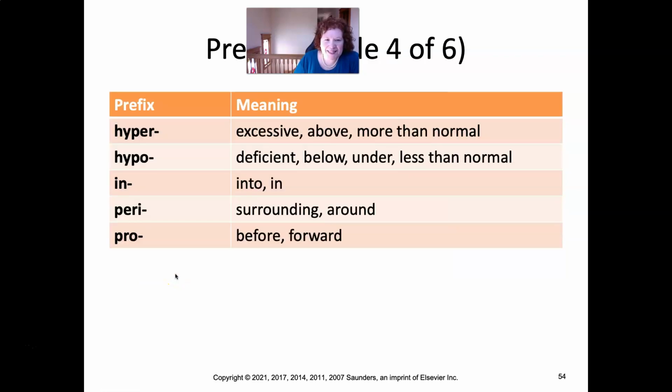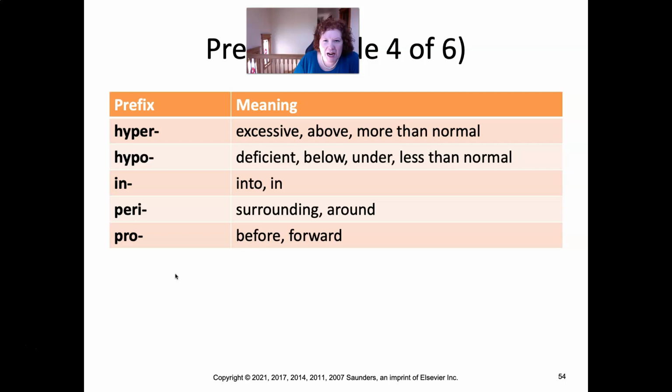Some more prefixes, hypo and hyper. All right, now this is one that is very important, how you speak it. You need to be very clear, because if you're treating a condition and you're treating it for hypo and the patient is hyper, or vice versa, that treatment is not going to work for that patient and could actually cause significant harm.